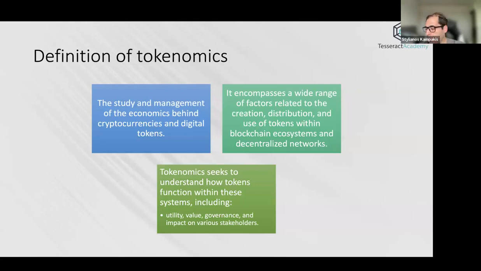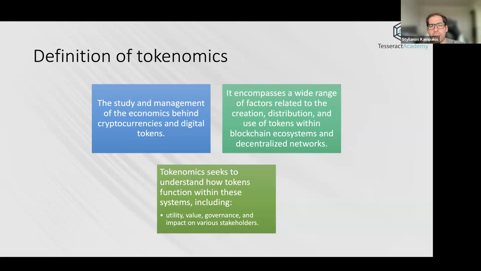So tokenomics essentially describes the study and development of token economies, right? If we have to come up with a definition, we should say that tokenomics is the study and management of the economics behind cryptocurrencies and digital assets. It's probably important to make a distinction between tokens and cryptocurrencies.